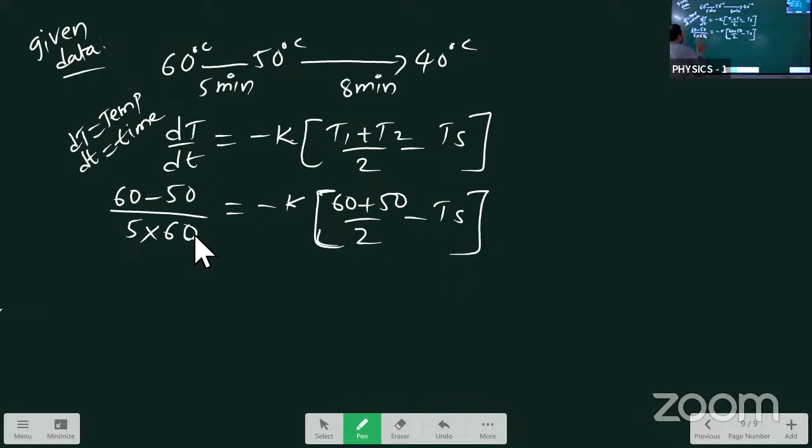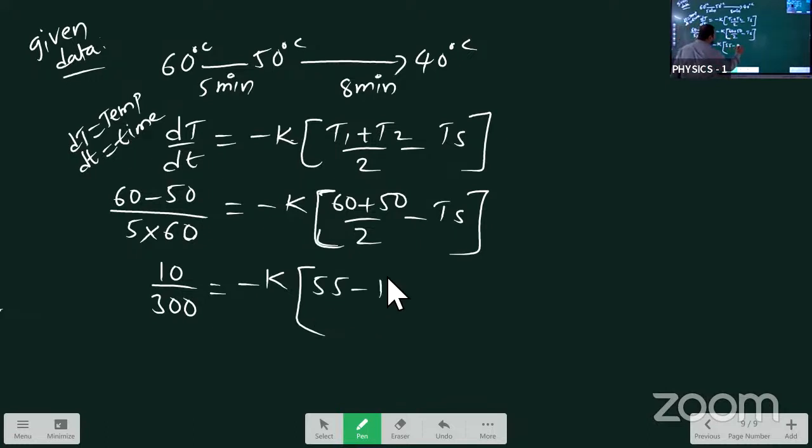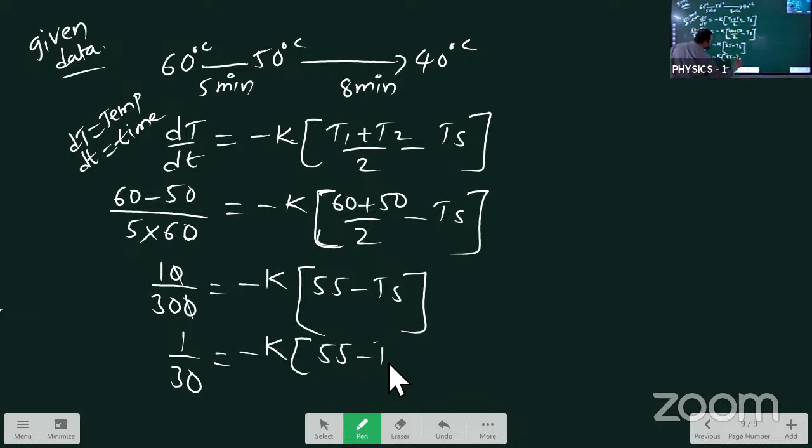Now see, 60 minus 50 is 10, over 300, equals minus k times (60 plus 50 is 110, divided by 2 is 55, minus Ts). The 0s cancel: 1 divided by 30 equals minus k (55 minus Ts). This is equation number 1, from these 2 temperatures, 60 to 50 in 5 minutes. Next, one more case, 50 to 40.